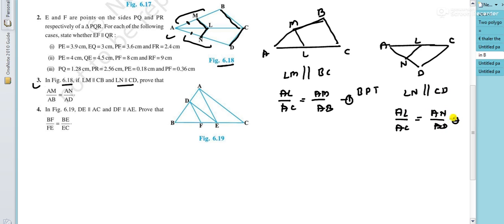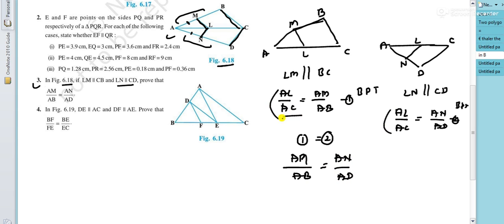This is equation 2 as per BPT. If you look at equations 1 and 2, AL by AC here, and here also AL by AC, both of them are equal. So we can write AM by AB equals AN by AD, because if two are equal, the RHS should also be equal. Therefore, we got the answer.